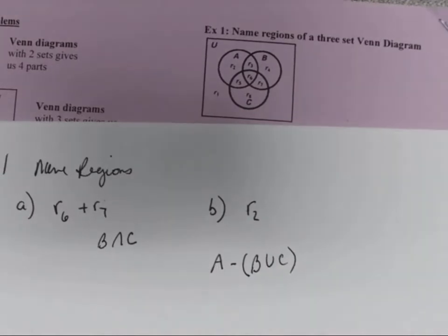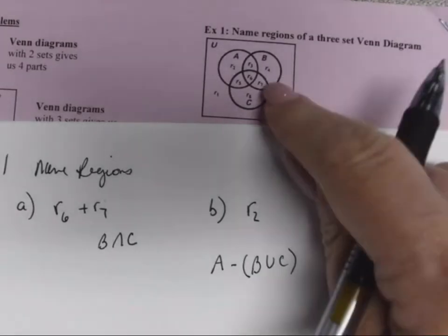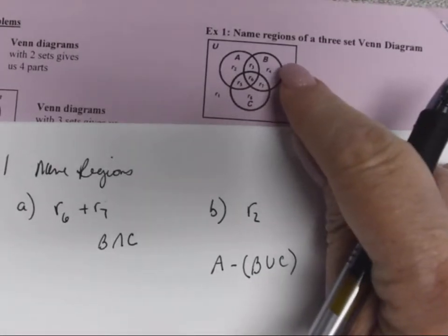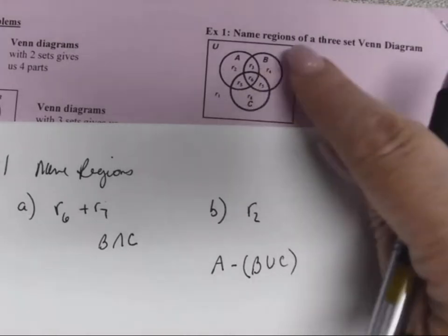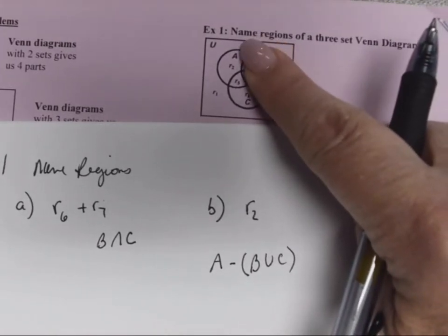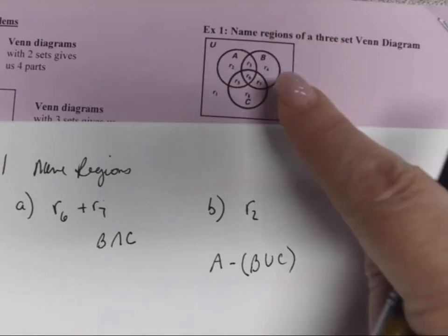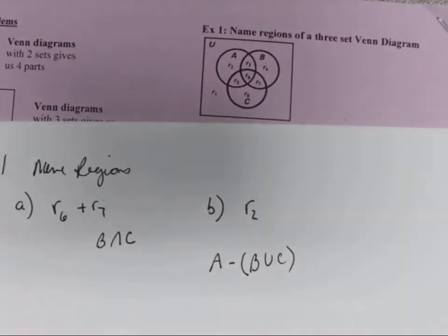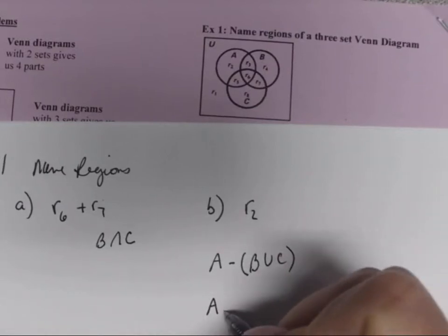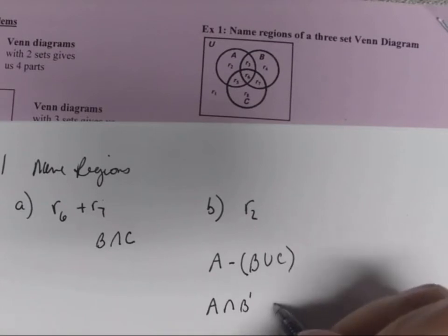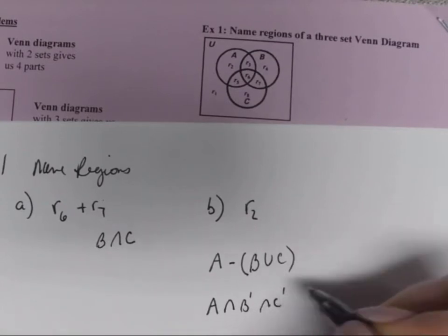Now you could also do this another way. We could take the complement of B, which would be everything outside that, and the complement of C. I would always go the first way, but you could take A and intersect it with B complement and C complement.